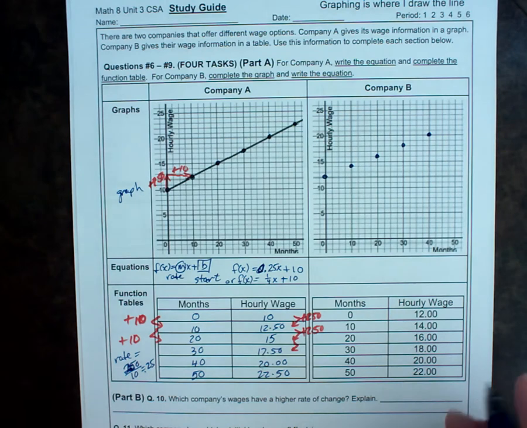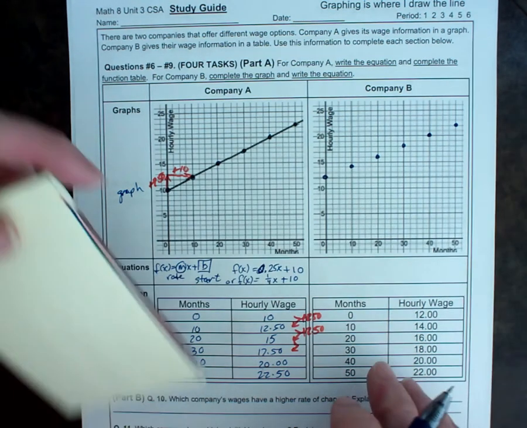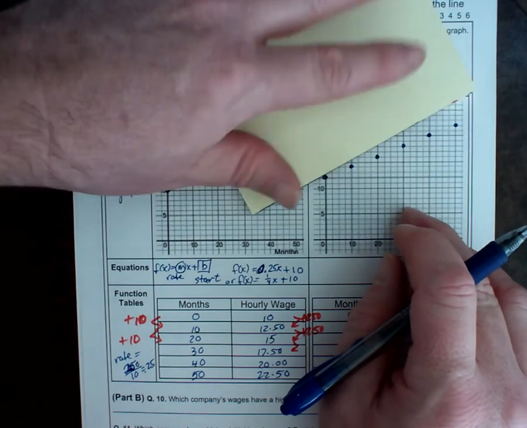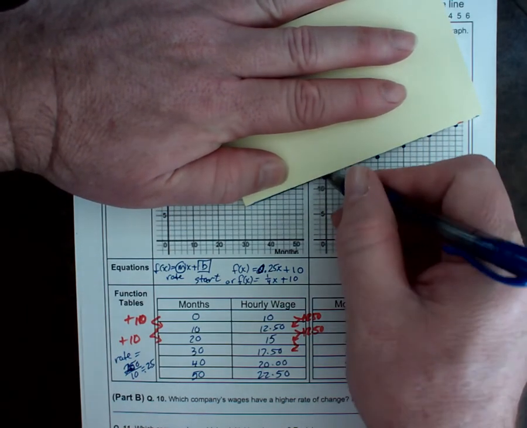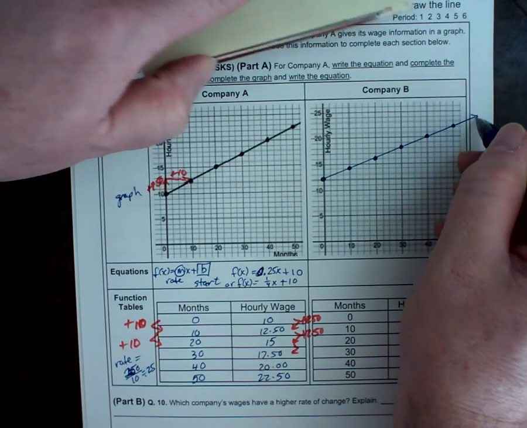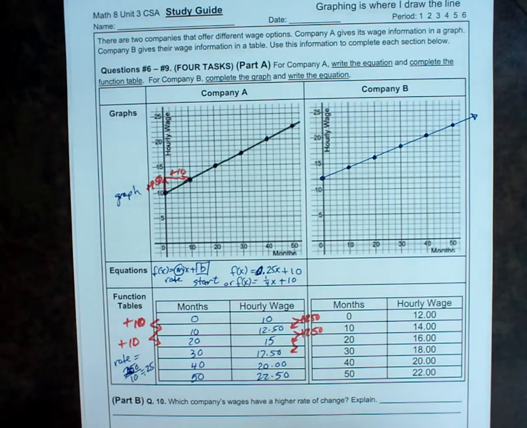And we got one more, 50, 22. You'll know that it's right if it's straight on your test. Use something straight to draw your line, and we've had that done.